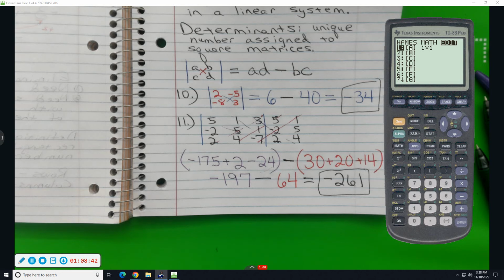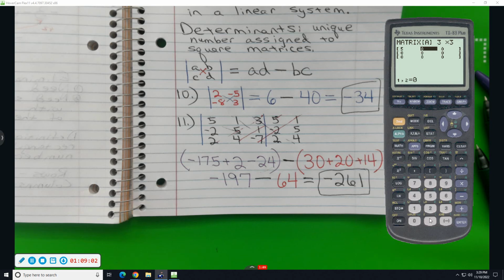I'm just going to use the first one, A. And I say, okay, that's a 3 by 3 matrix. 3 by 3. Notice it gives me the little matrix, and I just go through entering the numbers.